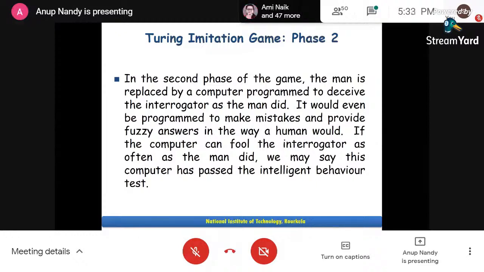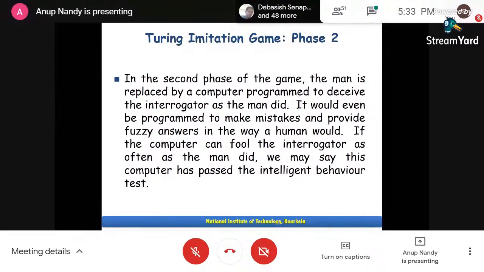Next, the man was replaced by a computer program to deceive the interrogator the same way the man did. Even if the program was written to make some mistakes and provide some fuzzy answers, there is no problem. But if the computer program can fool the interrogator the same way the man did, it means the computer has passed the intelligent behavior test.